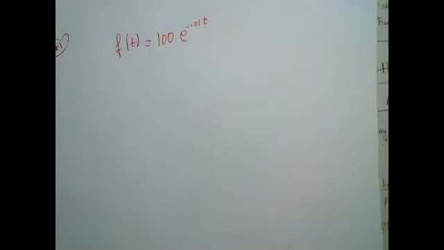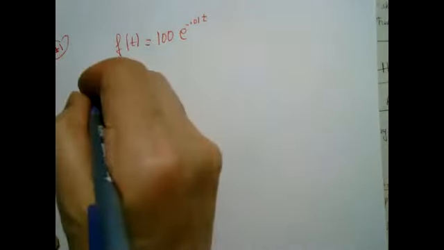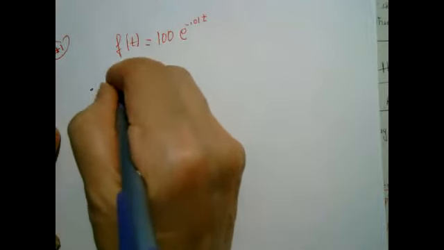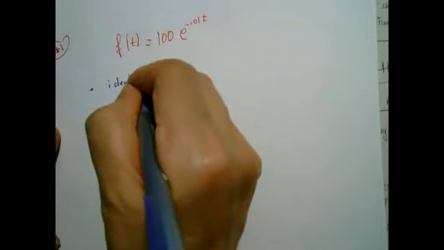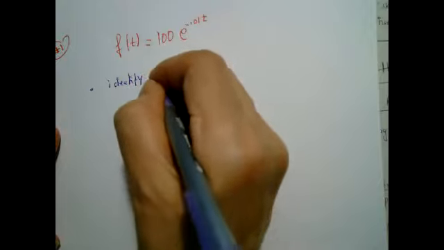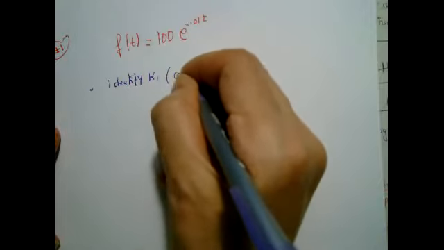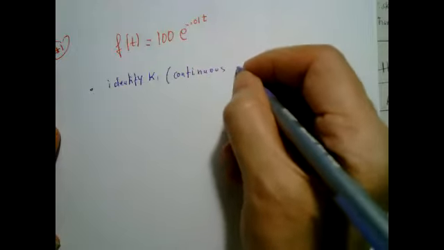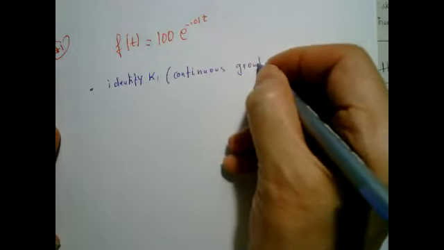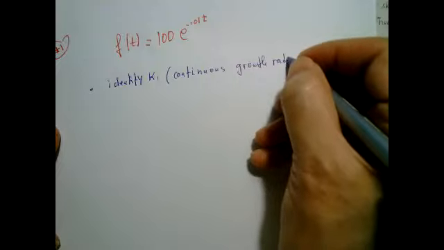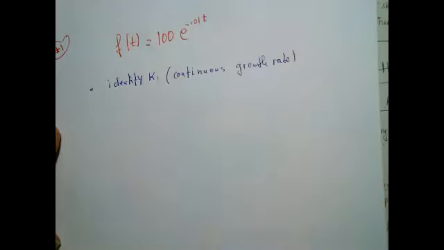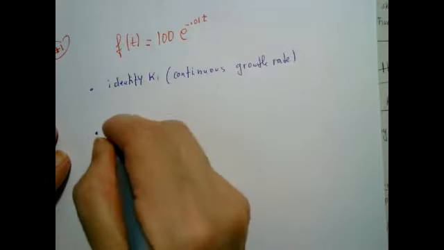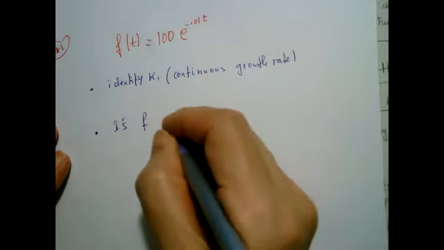So I wrote this function in the form e to the kt. My question to you is, first, identify k. What is k in this problem? What we call k is the continuous growth rate. So when they tell you continuous growth rate, it means they are talking about k. Question number 2: is f increasing or decreasing?